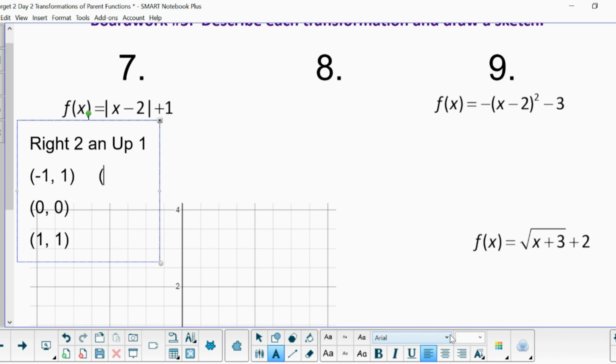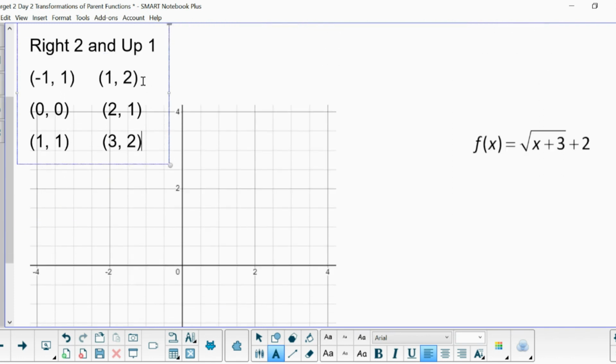And we're going to go right 2, so you're going to add 2 to the x's, so you get 1. And you're going to add 1 to the y's, so 1 plus 1 is 2. The next one, I'm going to add 2 to the x's, so 2, and add 1 to the y's. I add 2 to the x's and add 1 to the y's.